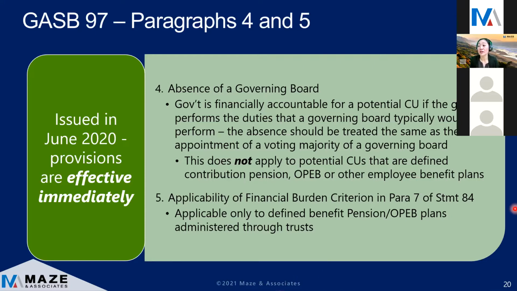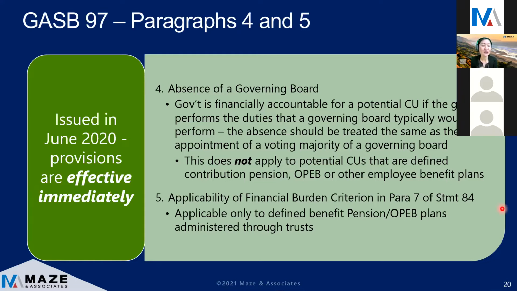Let's say there's no governing board, but your board functions like the governing board, then essentially you will have the voting majority of the governing board. And then paragraph 5 talks about the applicability of the financial burden criteria in GASB 84 paragraph 7.